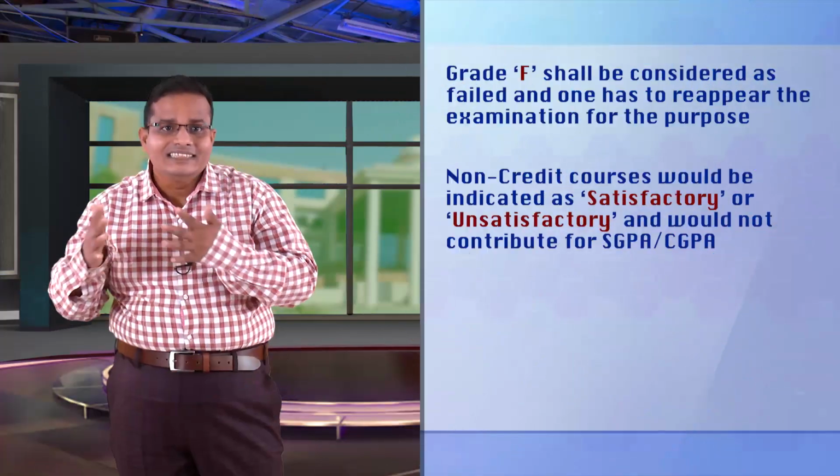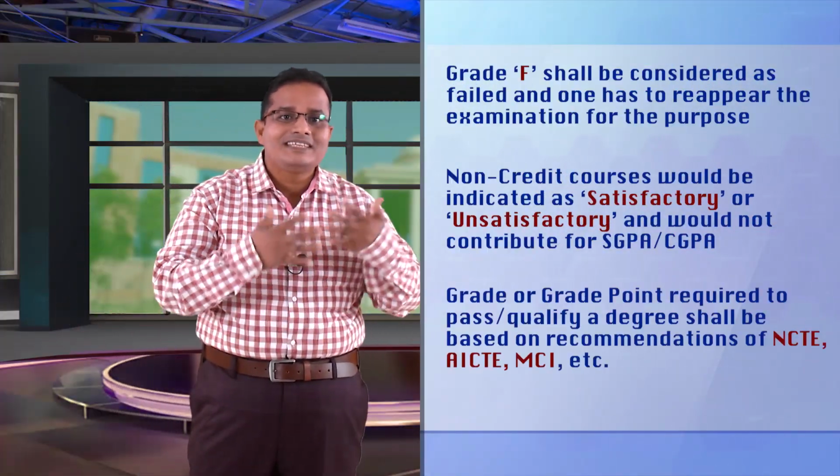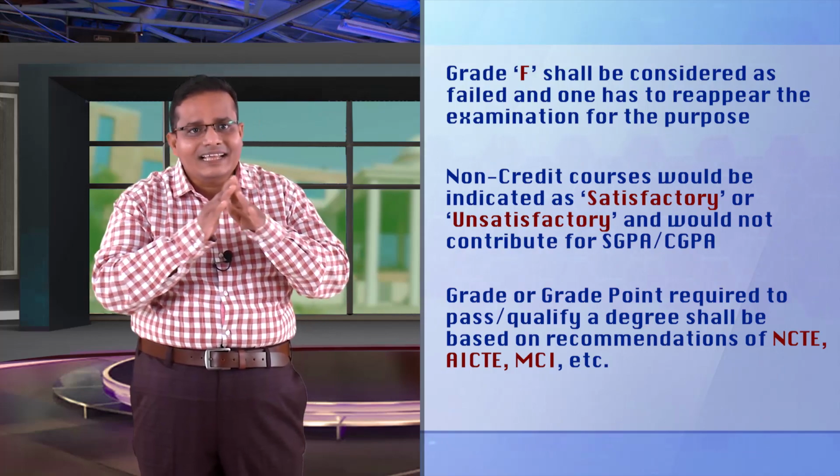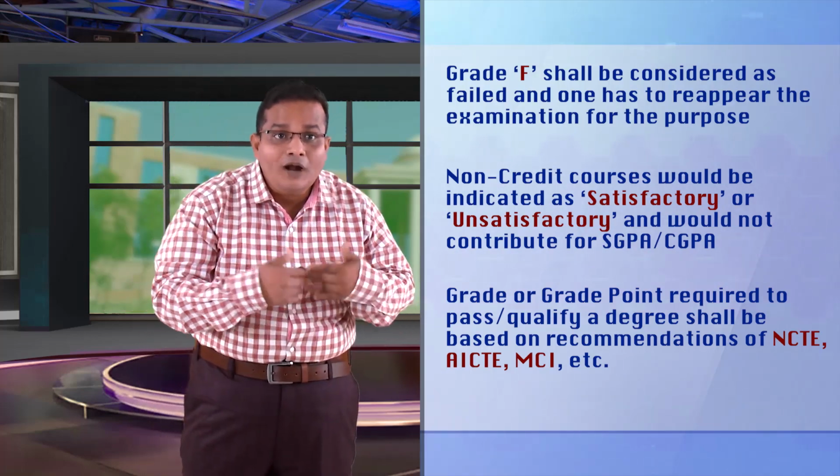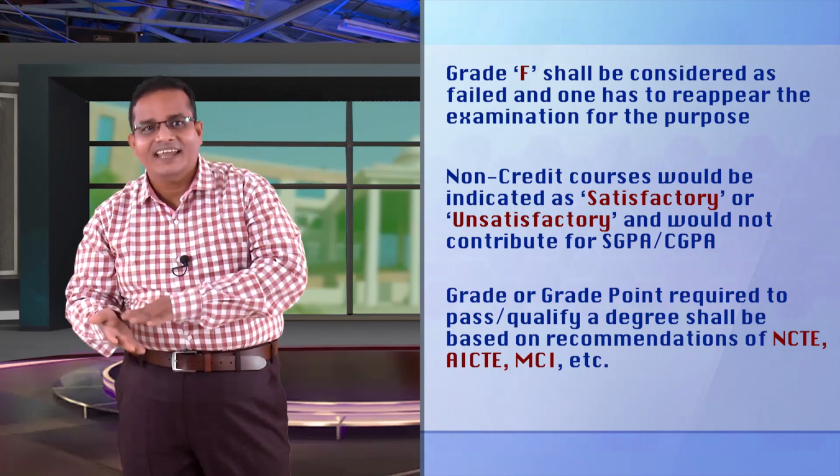For programs regulated by regulatory bodies, for deciding the grade or grade point required to pass or qualify a degree, the recommendations of their respective regulatory bodies are taken into consideration. CBCS gives weightage to the recommendations of regulatory bodies like NCTE, AICTE, MCI, etc. in deciding grade or grade points required to pass or qualify a degree.